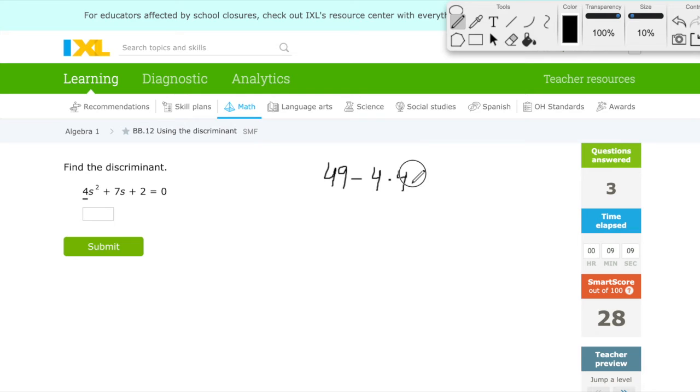Times c is 2. Remember this multiplication first. 4 times 4 times 2 is 32. So that tells me, just from looking at this, I'm going to get a positive number this time. 49 minus 32 is 17.